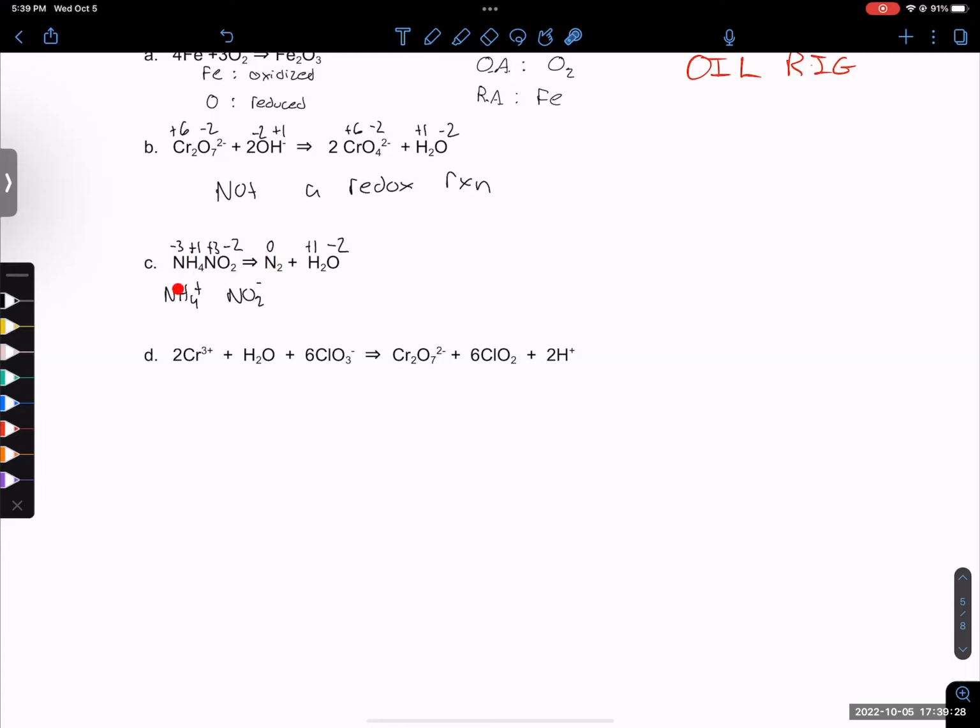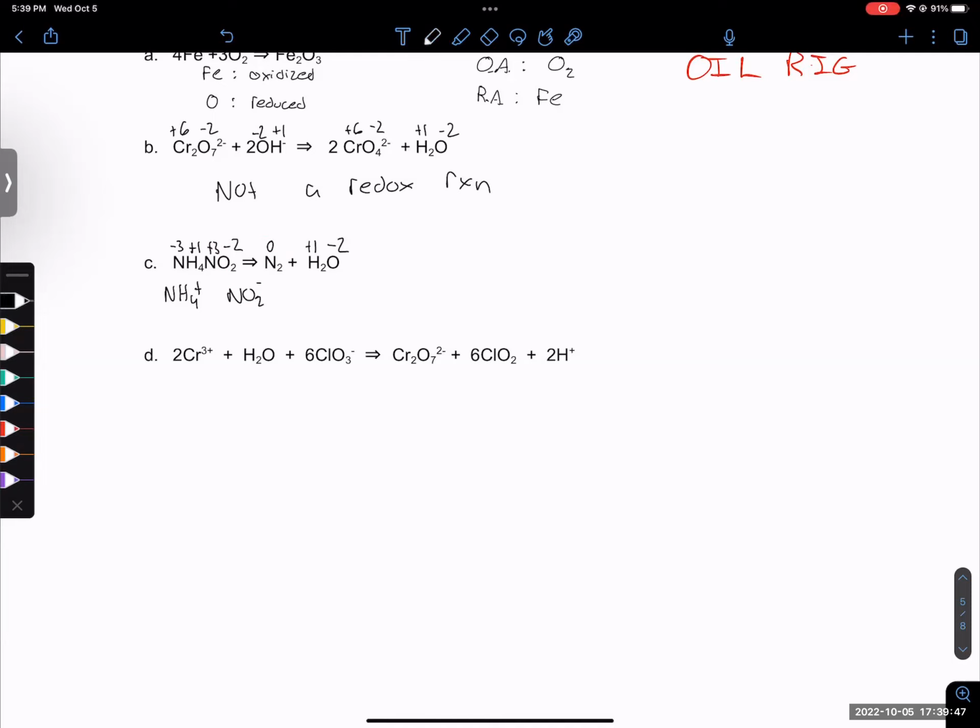This -3 here, if it's going from -3 to 0, is that being oxidized or reduced? Oxidized, right? Now this one here on the nitrite, it's going from +3 to 0, being reduced. So again, you have different nitrogens in this reaction.